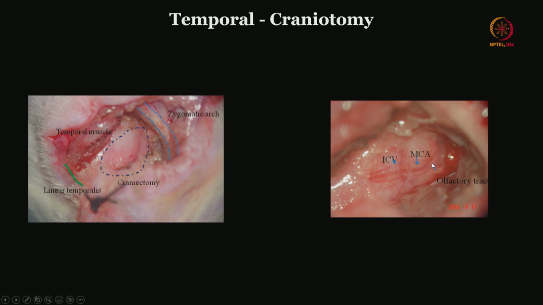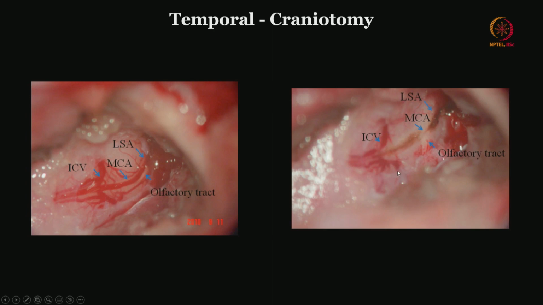So once you recognize this, now you are good to expose the actual artery and the brain by removing the dura. If you remember from the previous slide, you can see a thin hazy layer on it that has been removed here. Dura has been opened and the vessels are exposed. So that is a vein, that's the artery.